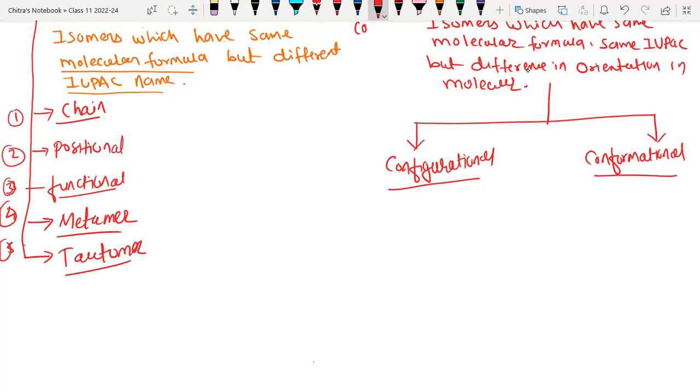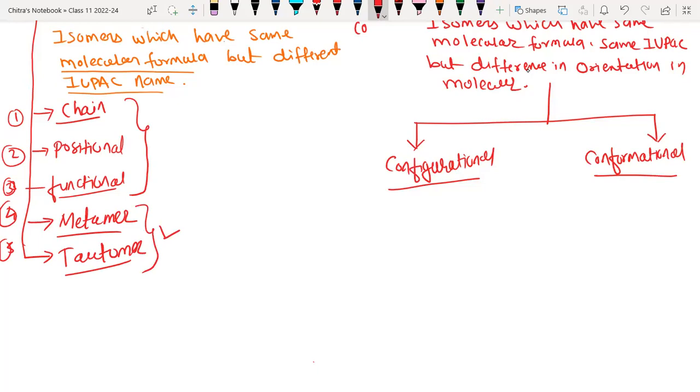These are nothing but differences in functional group. On the basis of different structure, we have 5 types of structural isomers. These last 3 are not in your syllabus, but we will cover them also.